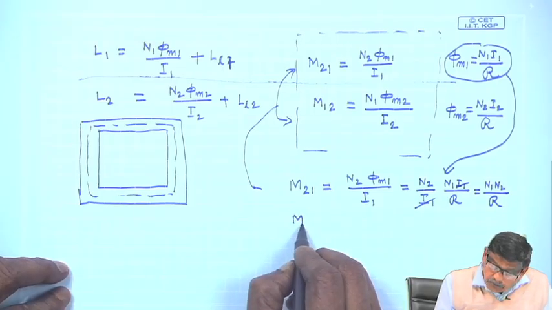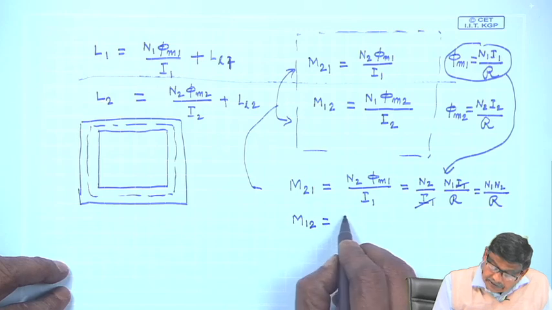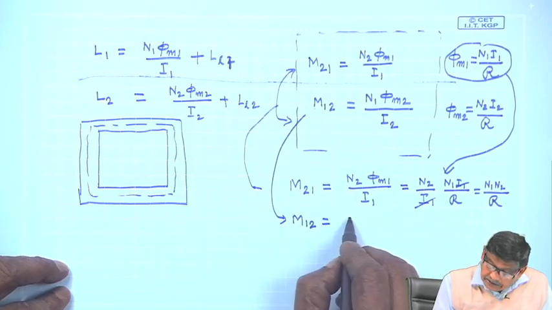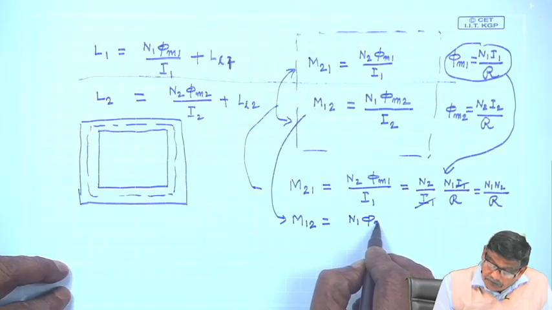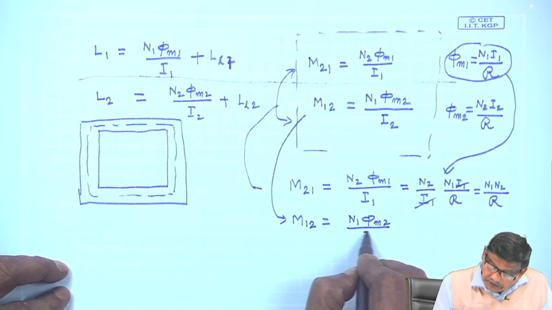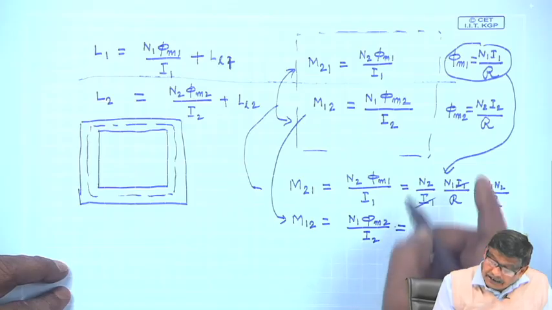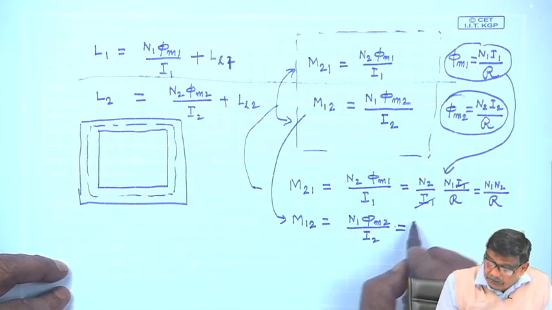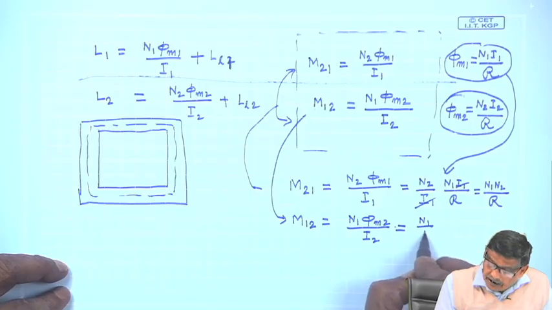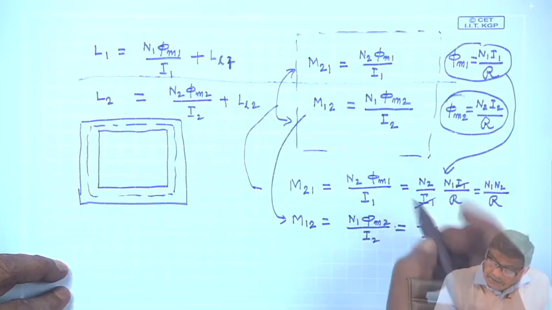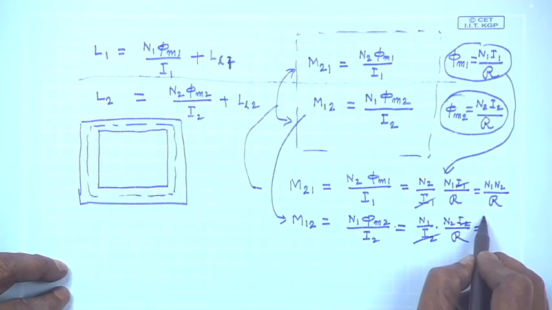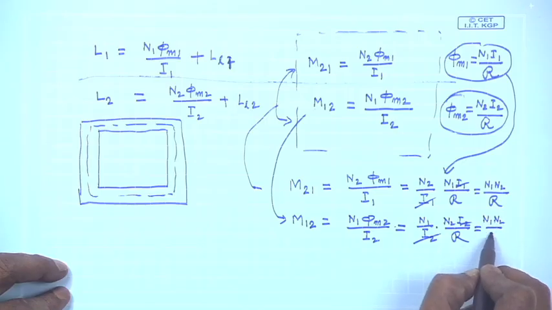Similarly, M 1 2, if you calculate, is N 1 phi m 2 by I 2, but phi m 2 is nothing but this. So, put it here. You will get N 1 by I 2 into phi m 2, which is N 2 I 2 by reluctance. I 2 cancels, and it is equal to N 1 N 2 by reluctance.